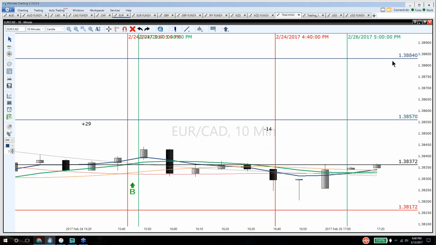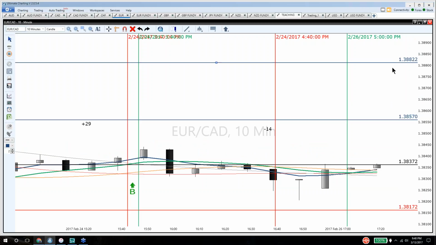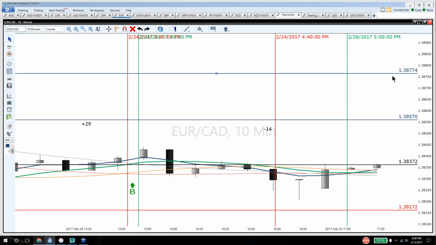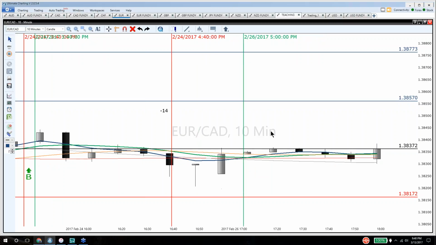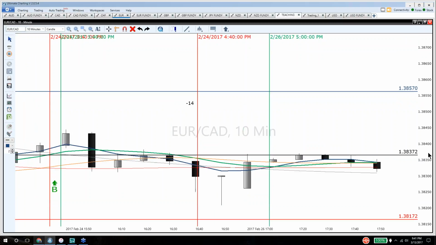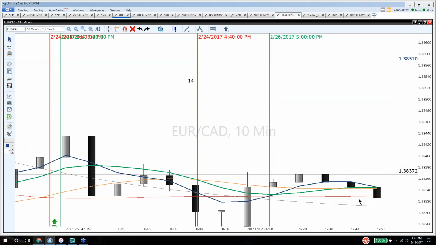And up 40 pips will put me up at 77. All right? So if the market starts to move in my direction, again, I'm going to be looking to capture opportunity. If it doesn't, everybody see what the market did here? Is this a change in bias, ladies and gentlemen?